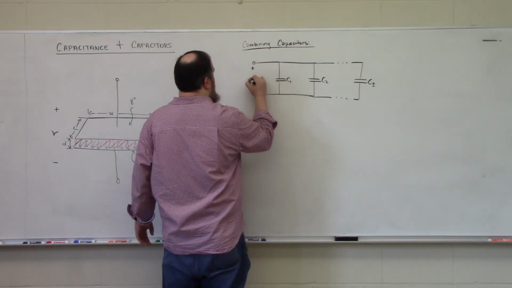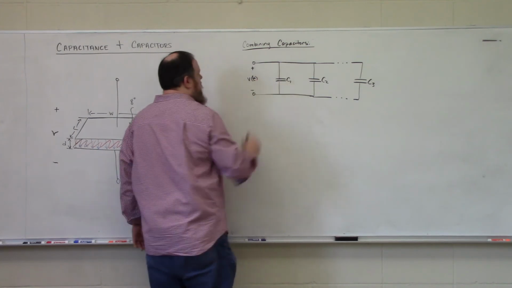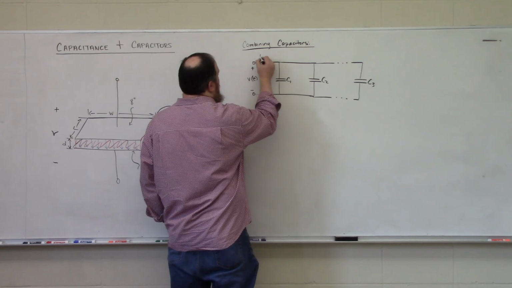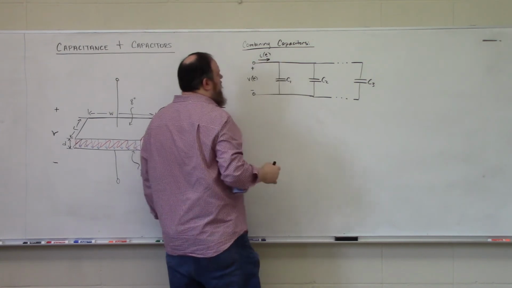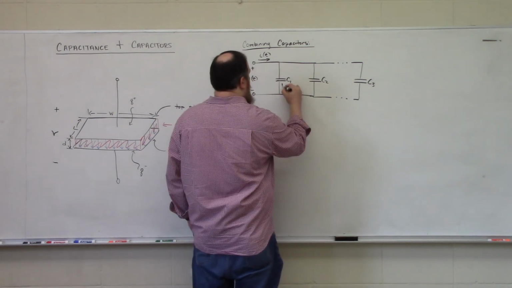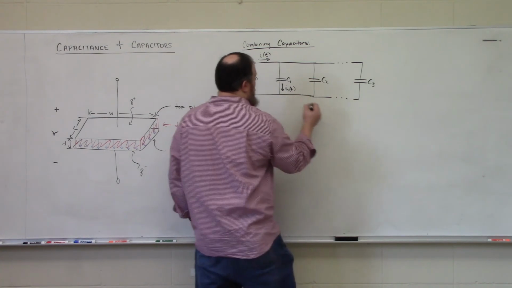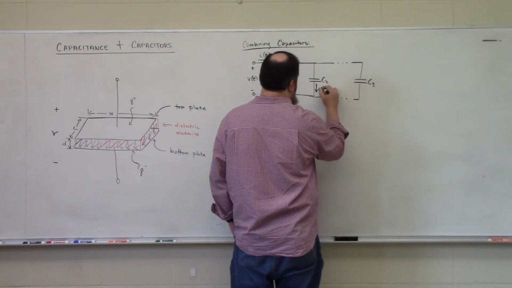Again, we'll have some voltage over the terminals of the network, some current flowing into the network. We could observe that that current is going to split between the capacitors in some fashion.